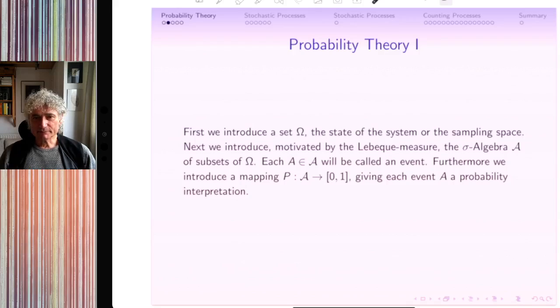Now, having discussed that space omega, the sampling space, we have now to look at subspaces, so subsets of omega, which can be observed. There's a whole mathematical theory that is based on that, and that is the theory of integration. So you want to measure certain things in omega, which means you have to dissect omega into certain parts where you can measure something.